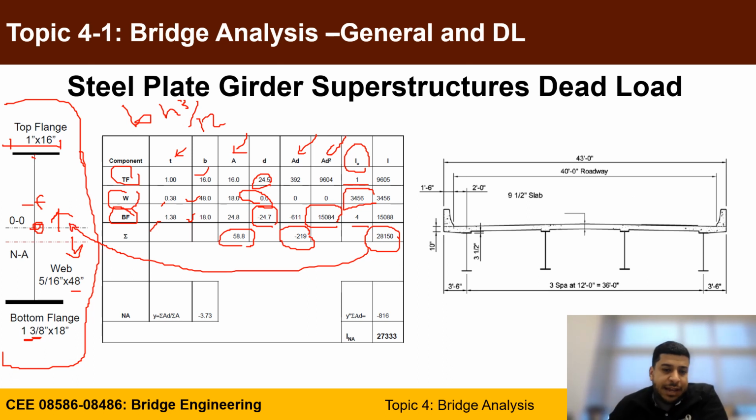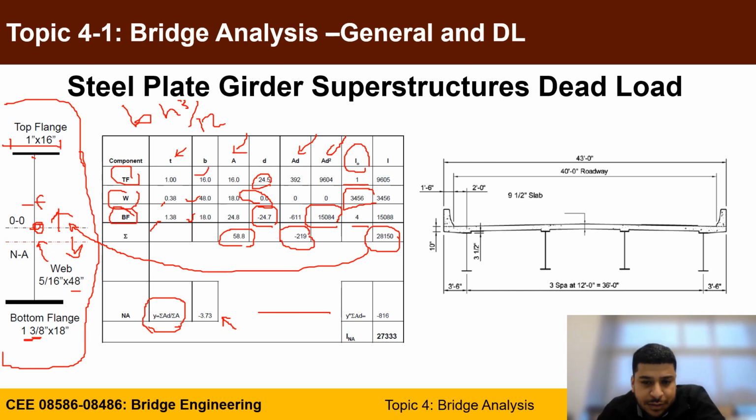However, the top flange and bottom flange are of different sizes, so the centroid of the section is actually offset from the web. That's why you calculate this value, which is the summation of A times D over the summation of A. That means you need to lower your neutral axis from the centroid of the web by negative 3.73 inches.